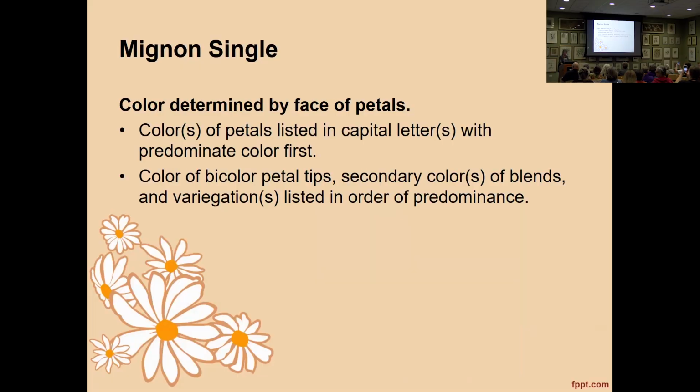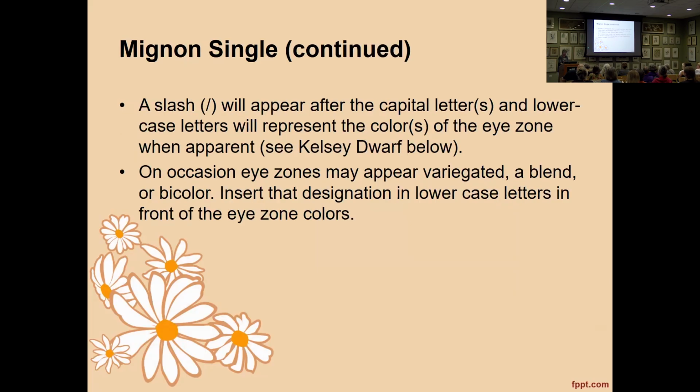Mignon single. Color is determined by the face of the petals. Colors of the petals listed in capital letters, again, predominant color first, bicolor tips, secondary colors of blends and variegations listed in order of predominance.